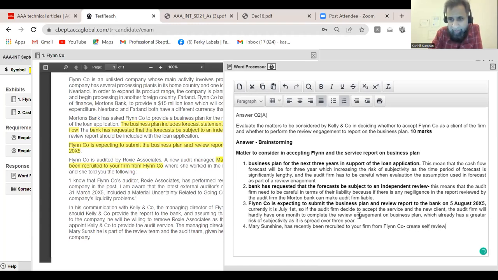You need to explain, creates self-review threat, why, plus familiarity threat, why. You need to justify that. So you will get 1 mark for self-review, justified. You will get 1 mark for familiarity, justified. 2, you put a safeguard that Mary shouldn't be part of the team, 3rd mark. So Mary Sunshine, been appointed, creates a self-review threat and a familiarity threat, plus the safeguard.